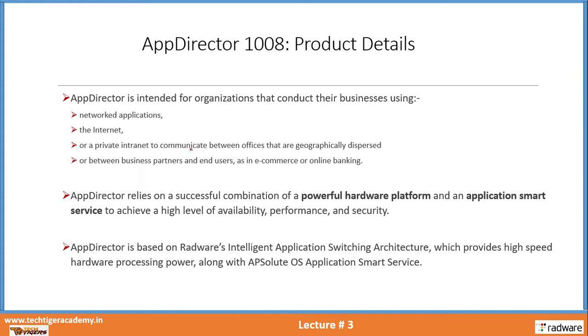So this slide says why do you need ADC, right? Why would you make an investment in Radware ADC? The reason is that App Director is intended for organizations that conduct their businesses using networked applications, maybe over the internet, or if the users are connected using a private intranet, or even if there's site-to-site connectivity between two offices, right?